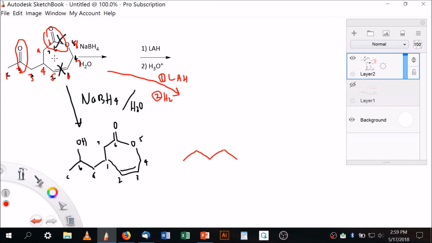Or a Z bond there between 5 and 6. And it's a cis bond, so that's going to have to go this way, right, to 7. And it looks like 8 goes that way, and 8's an oxygen. There's my 7, and 8 is an oxygen.